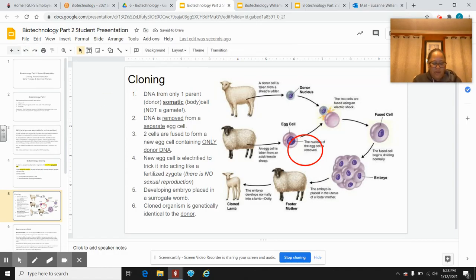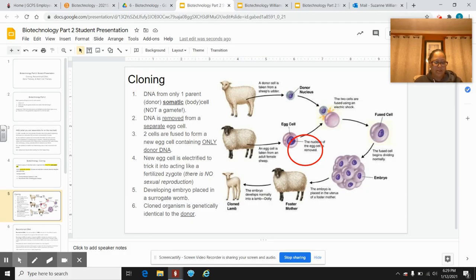Okay, so let's talk about Dolly, for example. So this is a clone. So remember I said it comes from one parent or donor. This is not a result of sexual reproduction. There is not a situation where a sperm is going to fertilize an egg. In fact, in Dolly's case, there was no sperm at all, and there was an alteration to the egg.